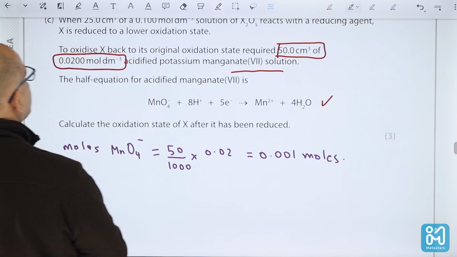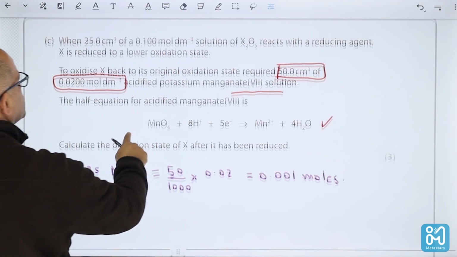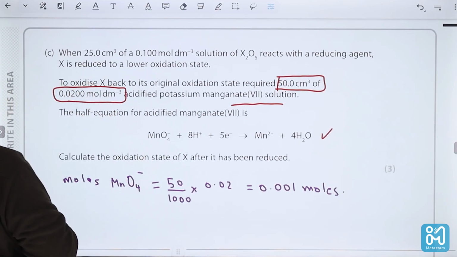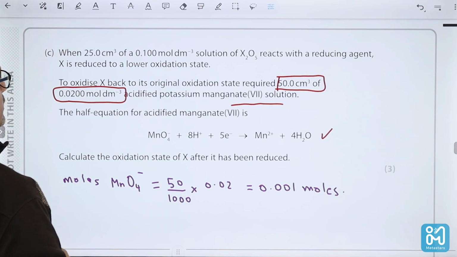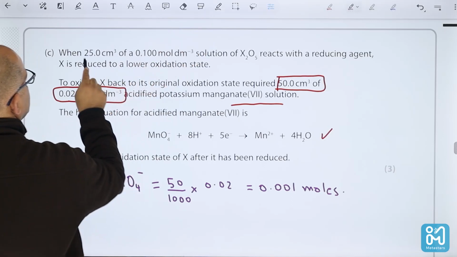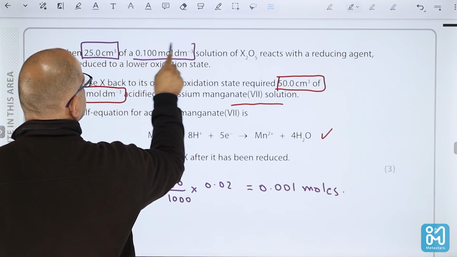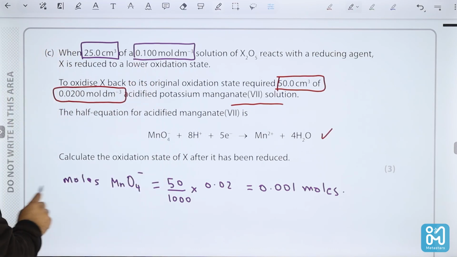Now, in the beginning of the question, he gave you that 25 of X2O5 was used. So we can use these two numbers, the volume and the concentration of the original solution.